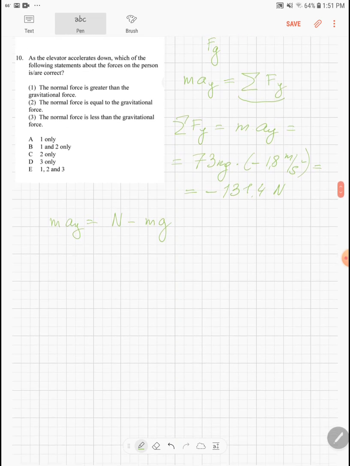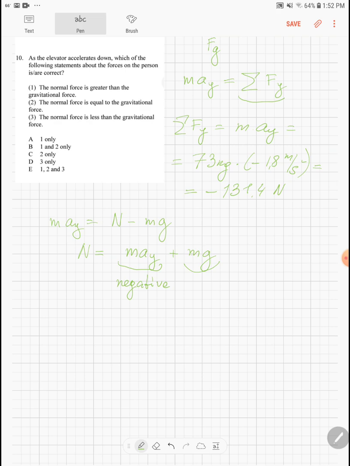So from this equation, we can go ahead and find the normal force. The normal force will be m a_y plus m times g. We know that this first term is negative, and this is the gravitational force.